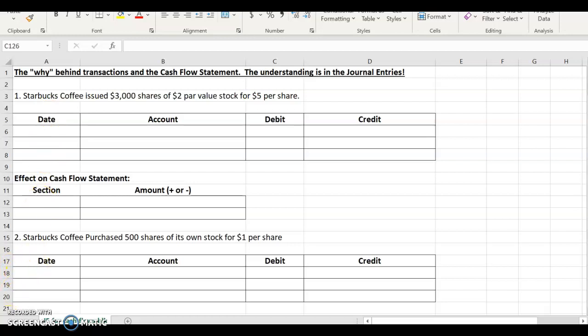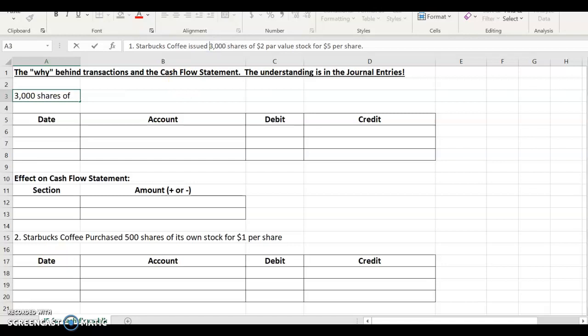Starbucks Coffee issued 3,000 shares of $2 par stock for $5 per share. So we are issuing stock because we want to raise money and we want to get cash.